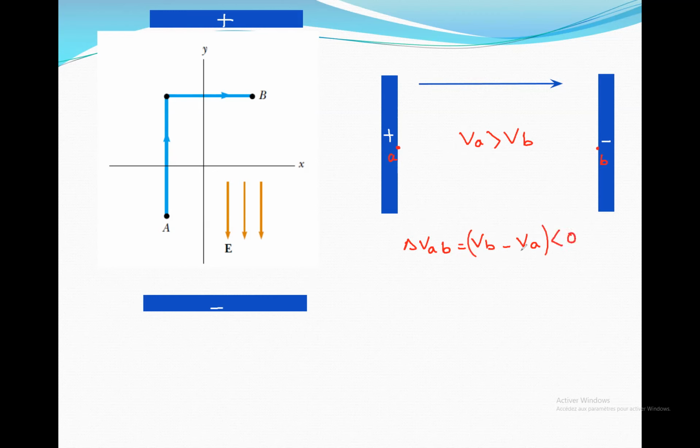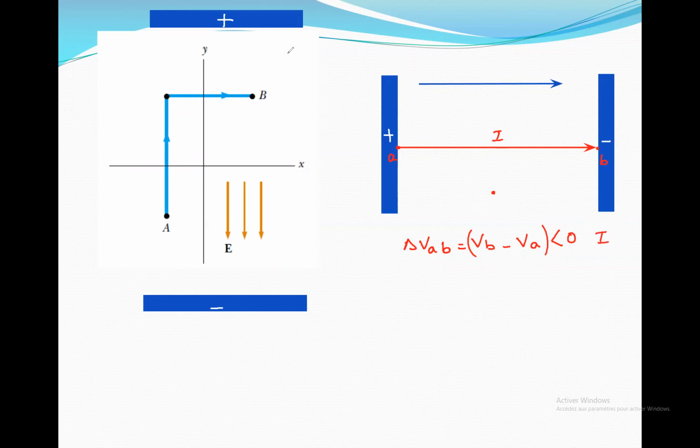Now I want to find VB minus VA. In this case, I calculate VB minus VA through this path from A to B. Maybe I want to calculate VB minus VA through another path. This one is path 1.